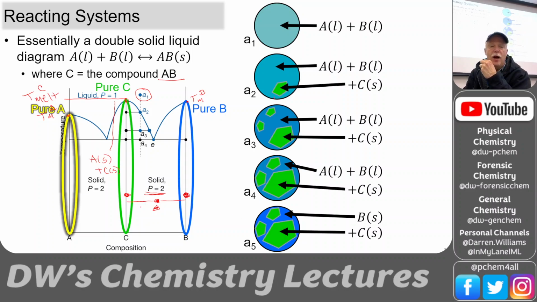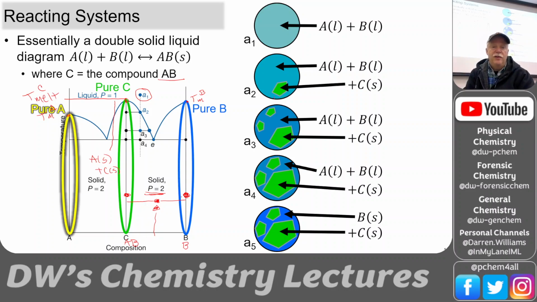And how you would know how much you have is because you have this overall composition. So it'd be like 75% B, right? So we have 2 B's for every A, okay? And so what is this one? This is AB, and this is B. So we have about equal amounts.